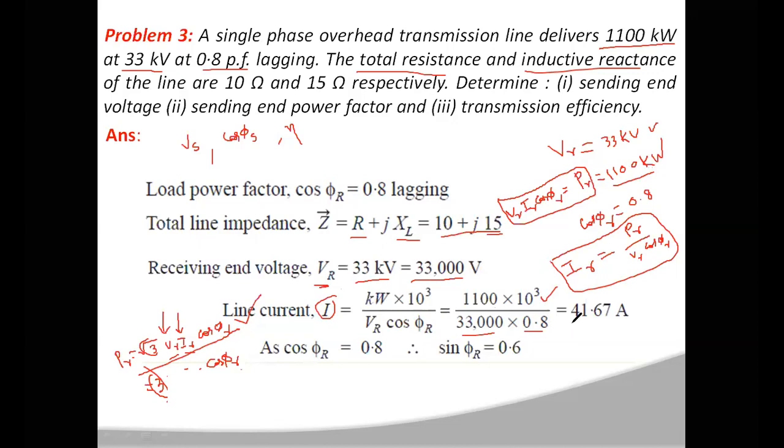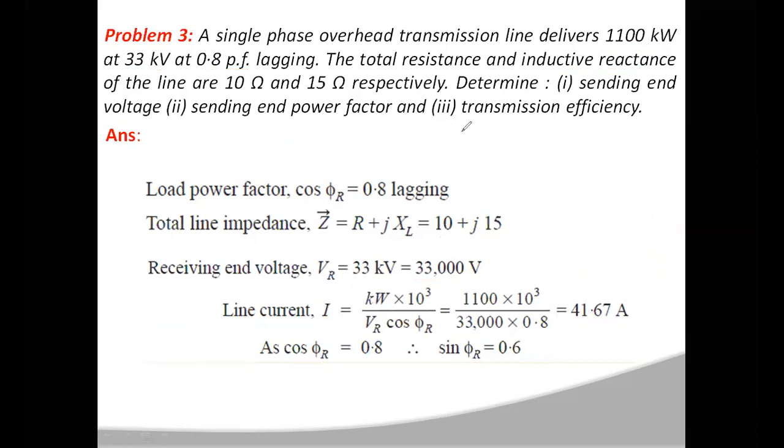Why? Because it is a single phase system, right? So this is 41.67 amperes. When you know the cos phi r, you can also calculate the sin phi r, which is 0.6, right?